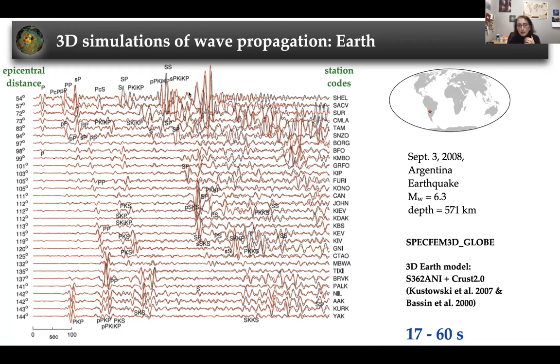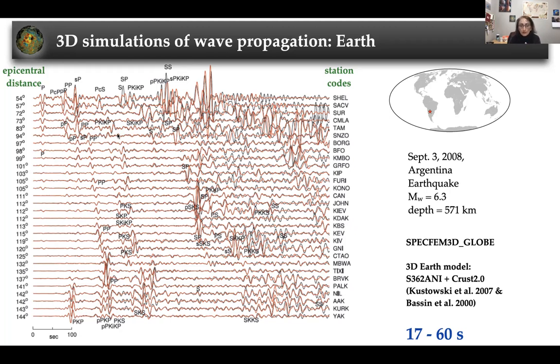But when we run into the surface wave regime, of course, we start seeing quite some differences between the observed and synthetic seismograms. But actually, this is where our job starts. Basically, our goal is to make these measurements and then try to minimize the difference between these observed and synthetic waveforms.